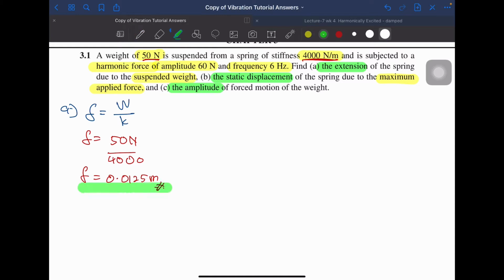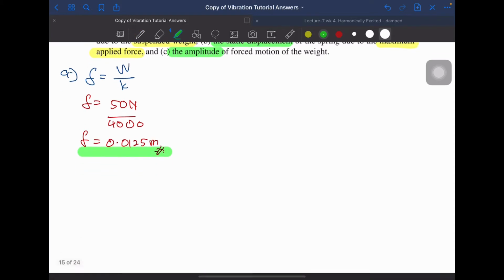Okay, we've already got the answer for A. Now moving on to B. The question asks to find the static deflection. Remember, in order to find static deflection, you can use the formula del St equals harmonic force divided by the spring stiffness.